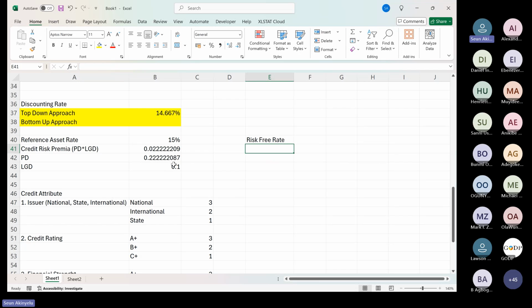What are we removing? We are removing the credit premium, because inside that particular asset is a credit asset, so that credit risk could be expunged from it. But with bottom-up, we are starting from the risk-free rates. That is your starting point.